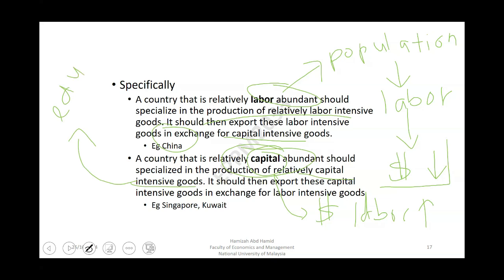Education is capital intensive. Services, banking services, IT services are capital intensive goods. So export this in exchange for labor intensive goods. So it just makes sense for China and Singapore to trade with each other because one is labor abundant, one is capital abundant.